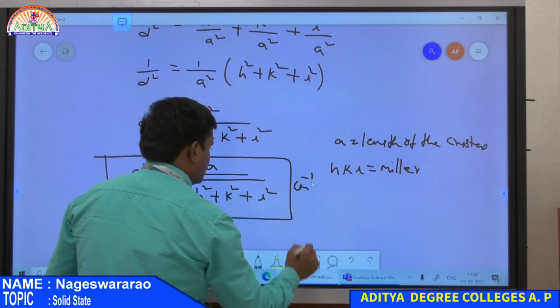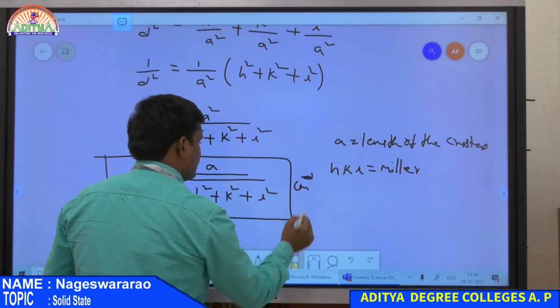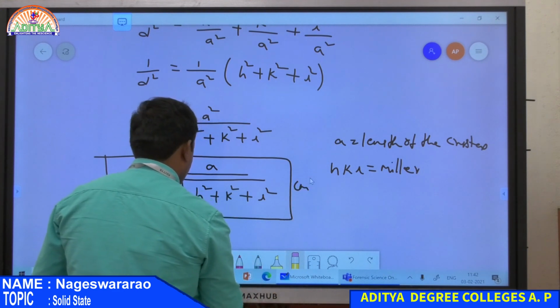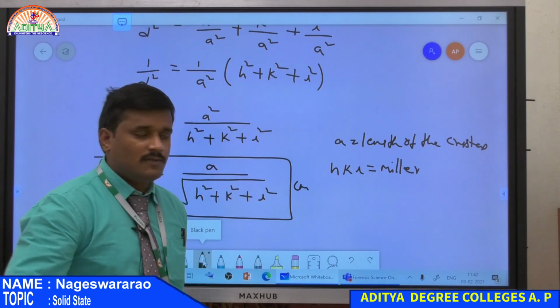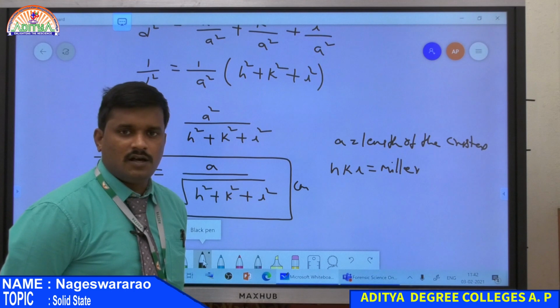The distance is always in centimeters, right? So this is the calculation of distance between parallel planes from the second law of crystallography.